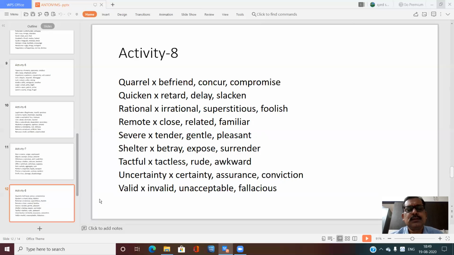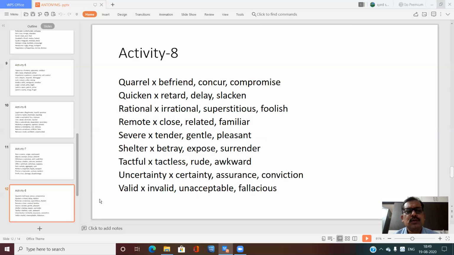Rational. Opposite: irrational, superstitious, foolish, blind beliefs. Rational is scientific thinking. Irrational, unscientific thinking. Rational means using reason, using one's logic.